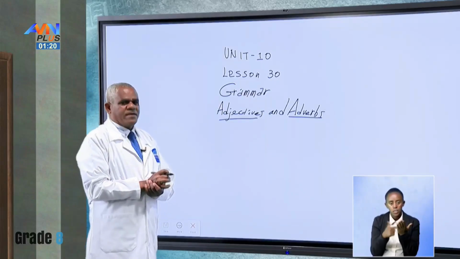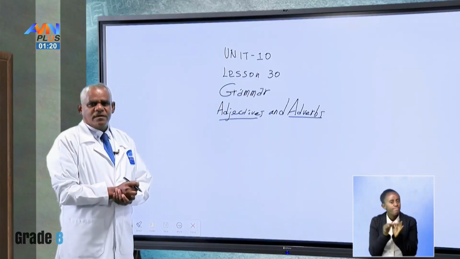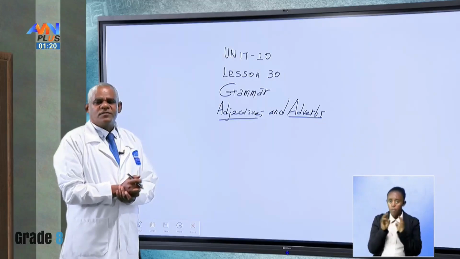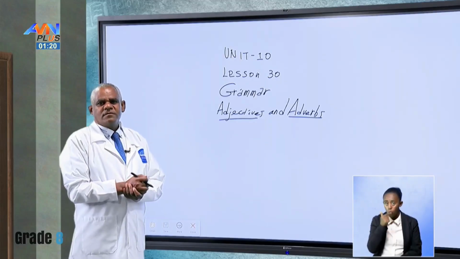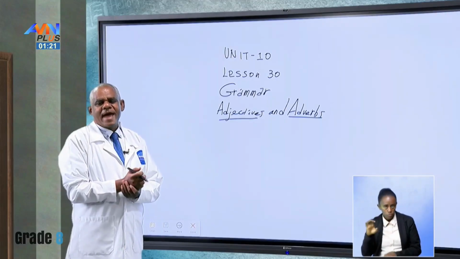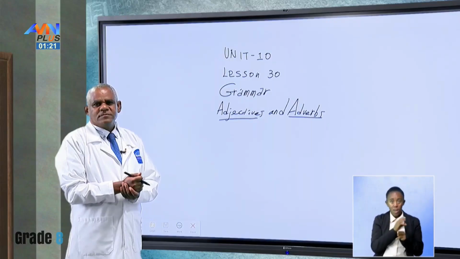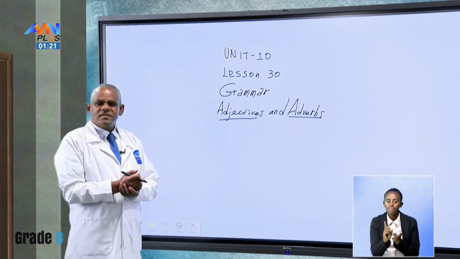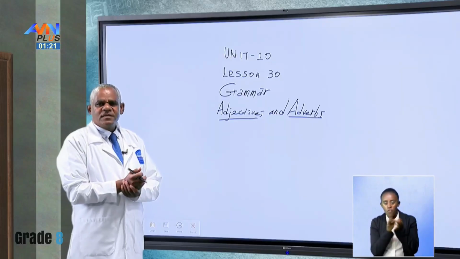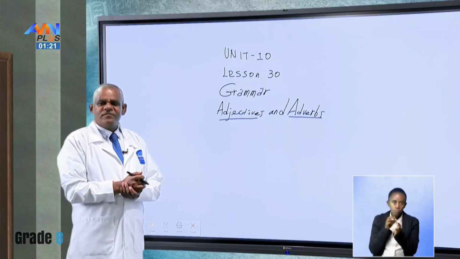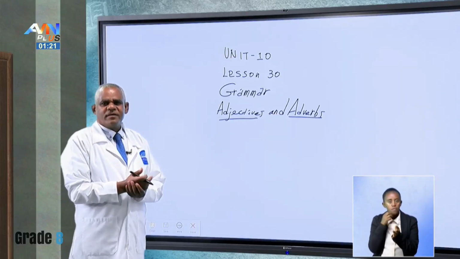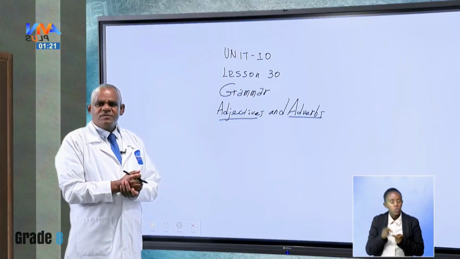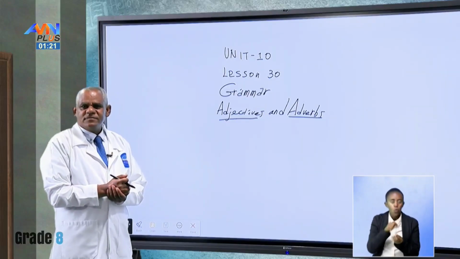Let's see what we mean by adjectives. Adjectives are a very important part of the language, which help us to modify nouns and pronouns. Whereas in the case of adverbs, in a sentence, adverbs modify verbs, adverbs modify adverbs, adverbs modify prepositions, and adverbs also modify adjectives.